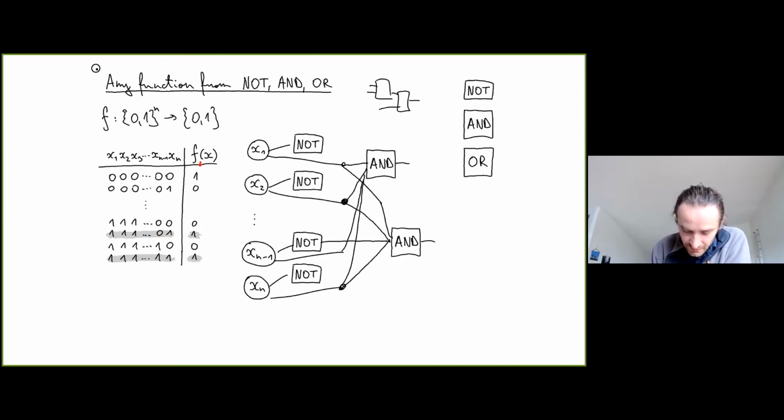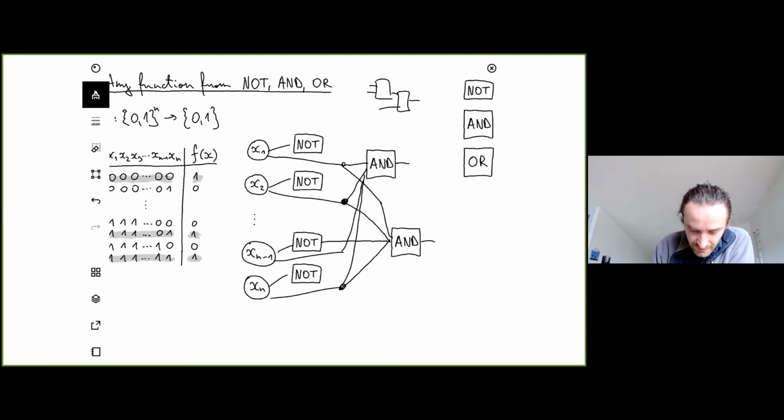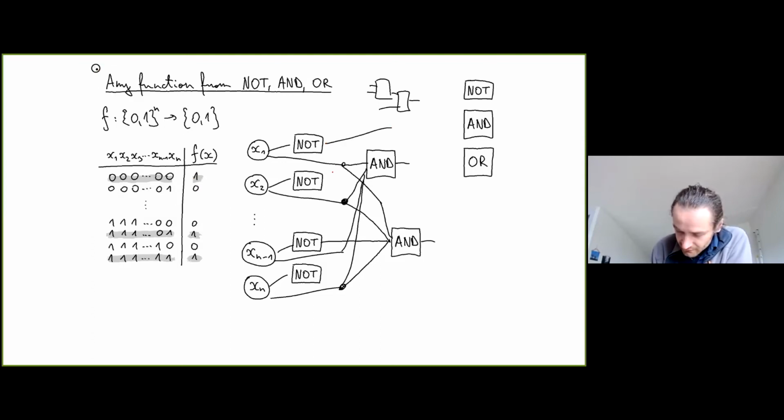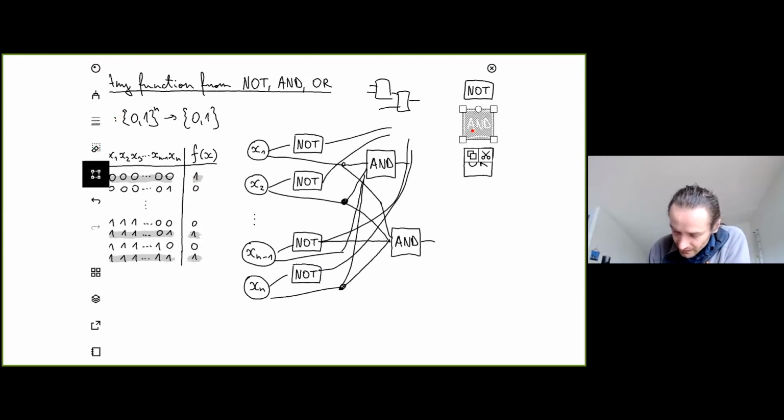You go through this table and you select all of them. So let's say the remaining one is the all zeros, so it means you just need to take all the bits negated. So you take all of these like this. Now this is going to be very messy, but anyway, you just feed all of these into another AND, and what comes out.